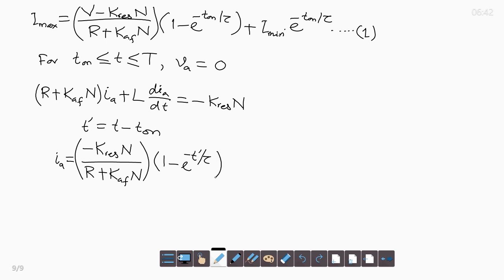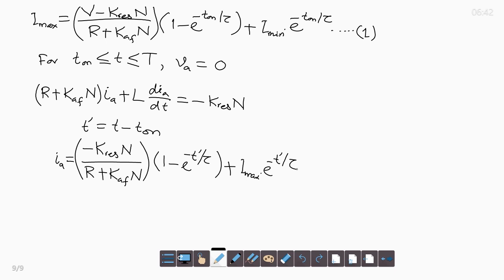Then the initial value of the current is I maximum at the beginning, I maximum into e to the minus t dash by tau. I hope all of you understand this derivation of the armature current expression. It is simply an RL circuit with a voltage minus K residual N applied to the circuit.